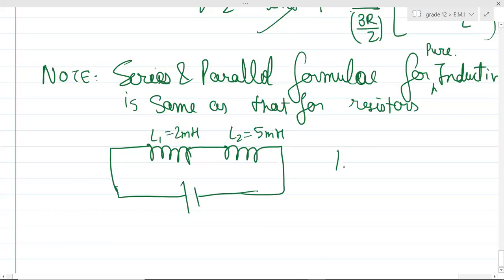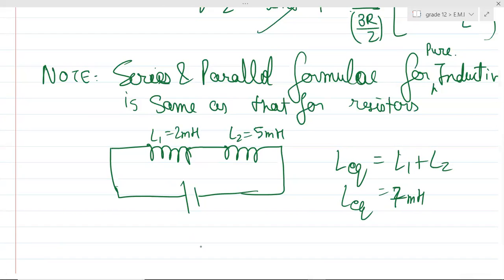What is the equivalent inductance of the circuit? It will be L1 plus L2, just like R1 plus R2. Same thing, and the same goes for parallel connection as well. So remember this: if you have a pure inductive circuit, then always do it the same as resistors. Capacitors we do the opposite, right? Yes, sir. Here we have to do the same.